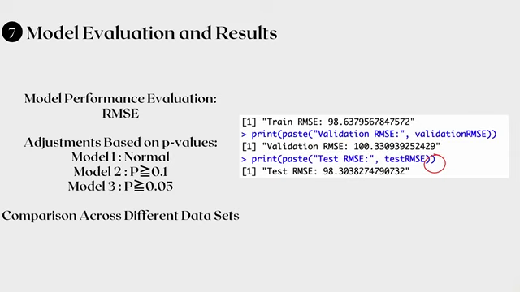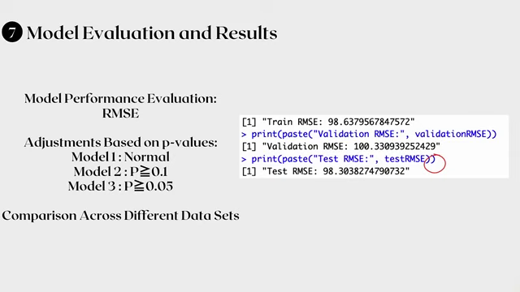First, I did the linear regression with the normal one. Then in model 2, I eliminated the columns whose p-value is more than 0.1. Similarly, in model 3, I removed the columns whose p-value is more than 0.05.